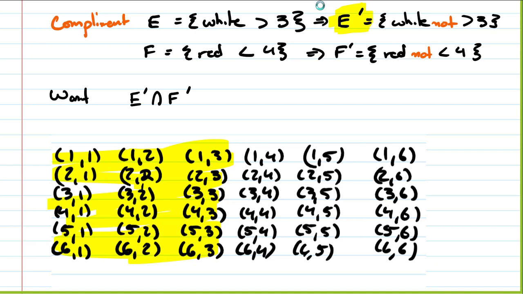And similarly, if we have our F, if red is not less than 4, well, that's the complement of red is less than 4, which would be this part, but we want not less than 4. So that's going to be this part.